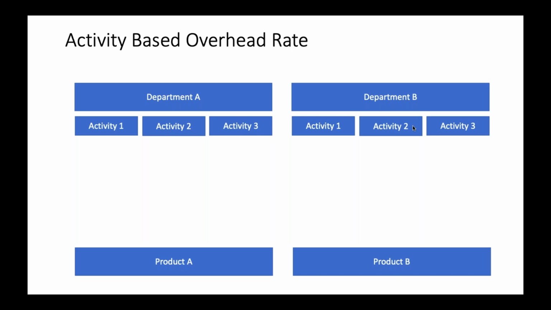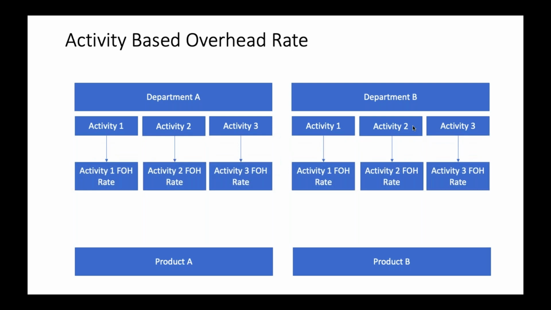Now, each activity inside each department accumulates cost that is part of the total factory overhead. And therefore, if each activity accumulates cost that is part of the FOH, each activity will have their own activity factory overhead rate.